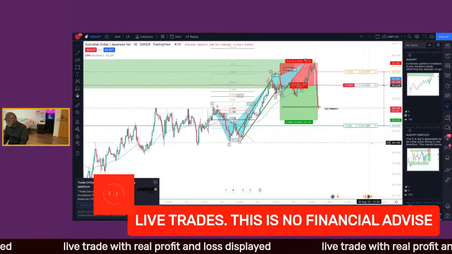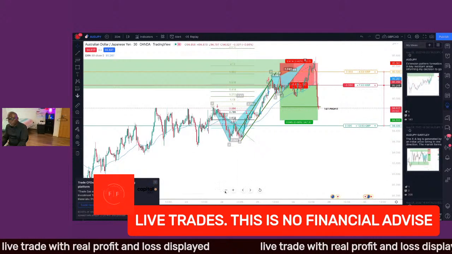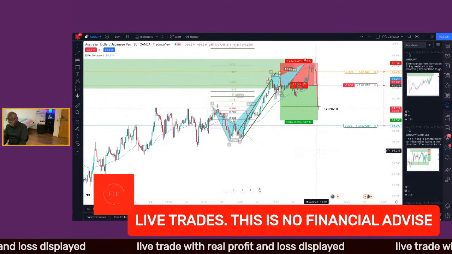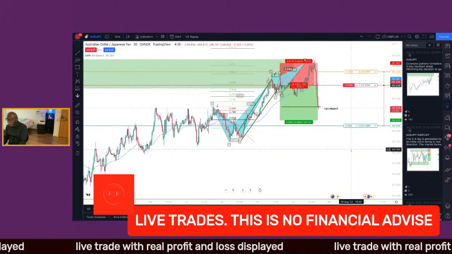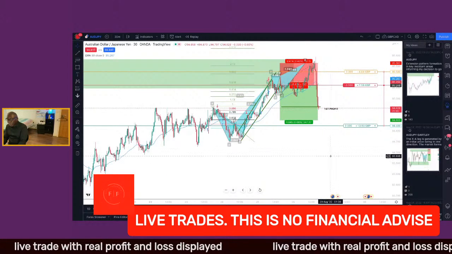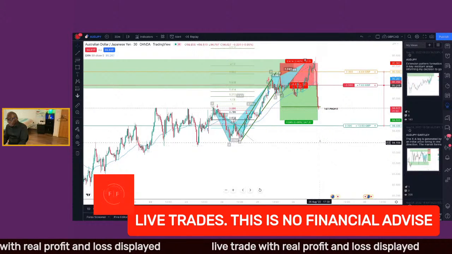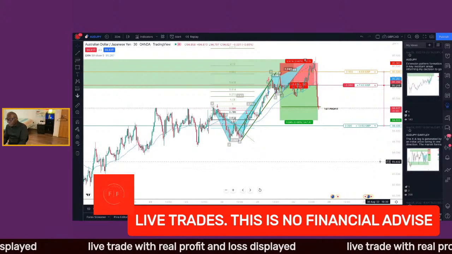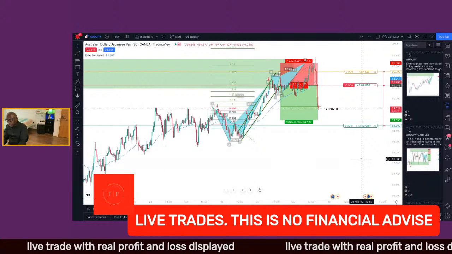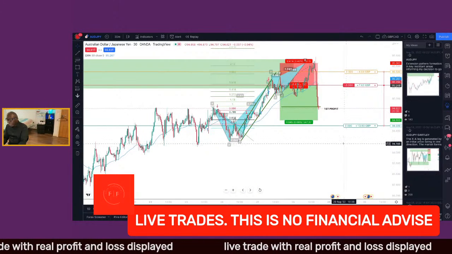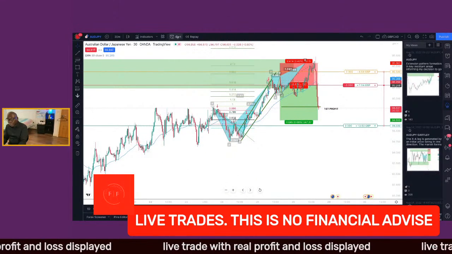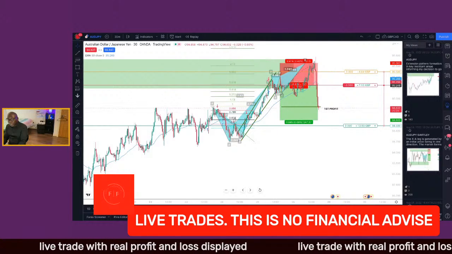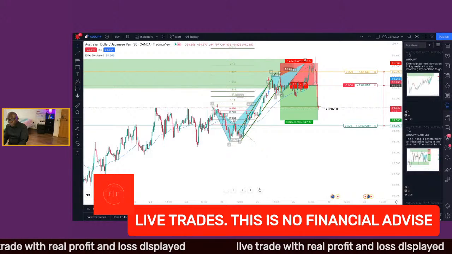Give me a thumbs up if you think I should get out of this trade now before it goes against me, because I always have this thing where I get out of trades too soon, and I could have made a bit more money. Just let me know in the comments if you think I should hold on to this trade or try and get out of it now.